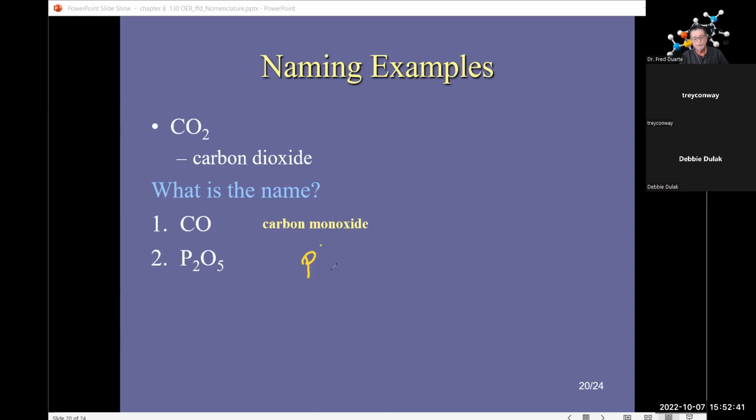So we go phosphorus, and then oxide. Okay, not oxygen, but oxide. Okay, so that's the base name. Now we go back and add the prefixes. There are 2 phosphorus, so it's diphosphorus, and there are 5 oxides, so it's pentoxide.